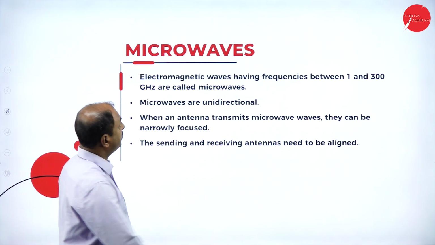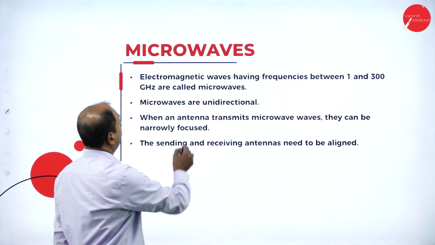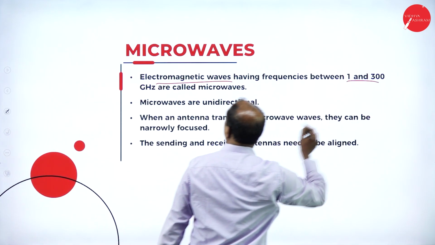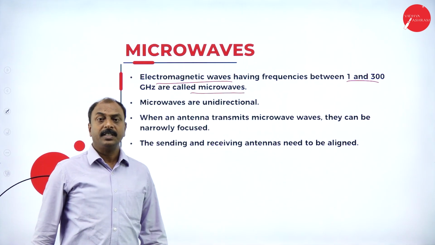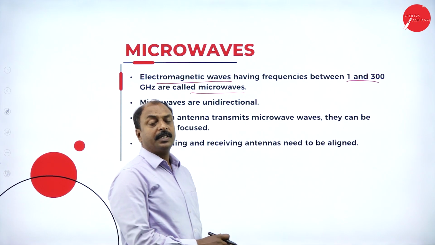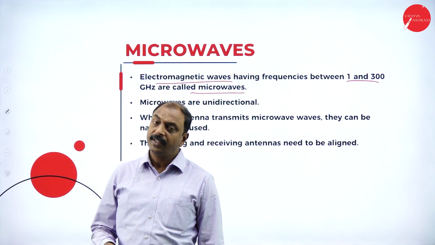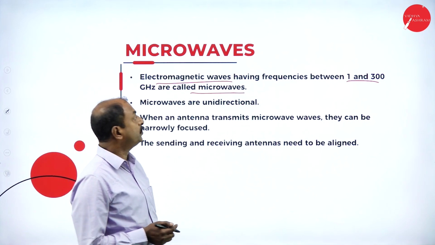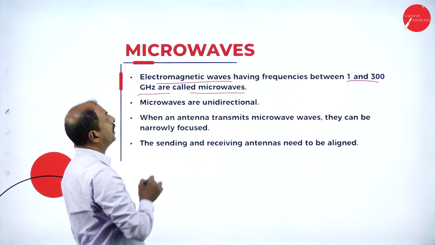Next technology is microwave transmission. So what is it? Electromagnetic waves having a frequency range between 1 to 300 gigahertz are called microwaves. All the frequencies have their own ranges, and based on that, we use them for different technologies. Here, in microwave communication, the frequency is from 1 to 300 gigahertz.